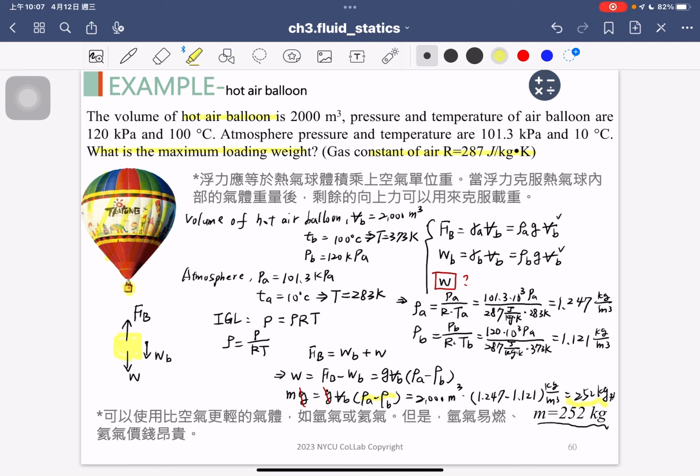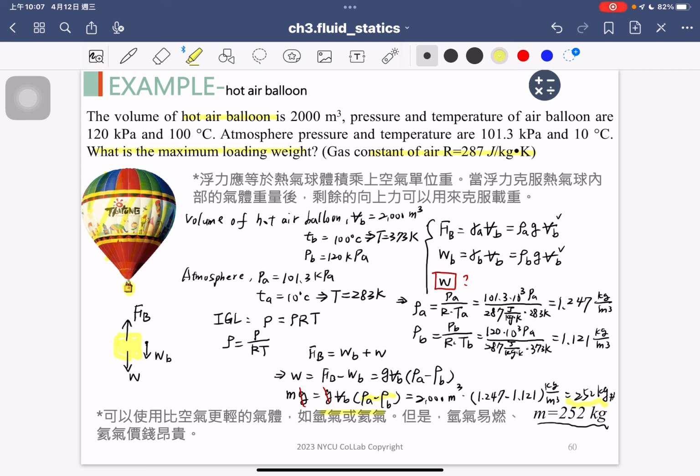That means you don't always need to use air to support the buoyant force. You can also use a different gas and it will have a different supporting force. I guess this is a very good exercise from our common life.